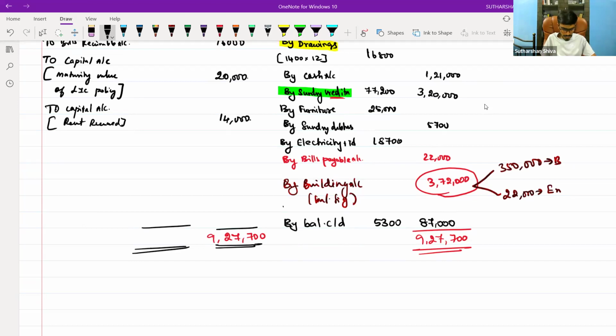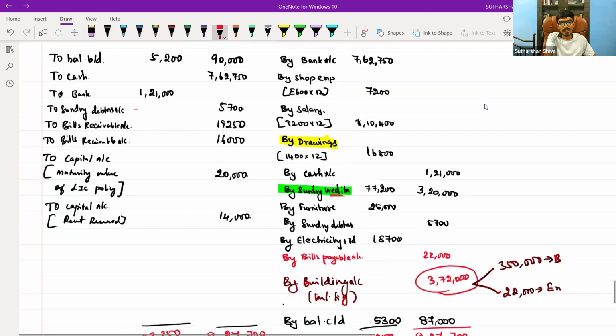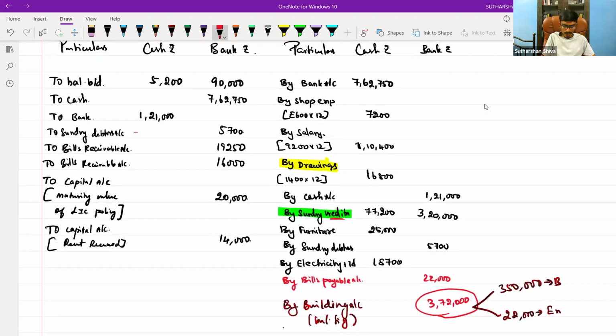I am getting 10,23,350. From this, deduct the items on the debit side: 10,23,350 minus 5,200 minus 1,21,000. What is the value you are getting?